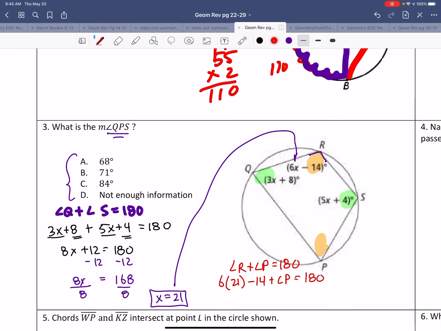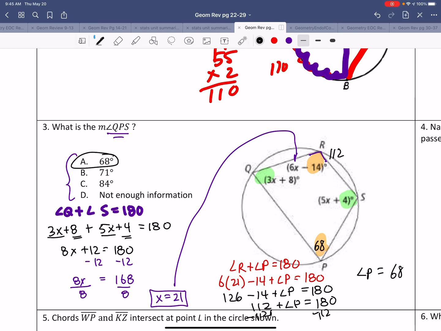So we can solve for this missing angle. So we get 112 here for angle R, which means if I subtract 112 from both sides, angle P ends up being 180 take away 112, 68. And that's one of our choices. Well done.